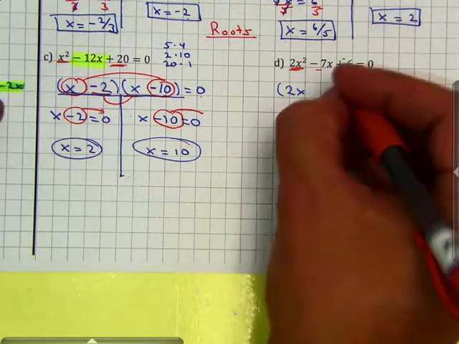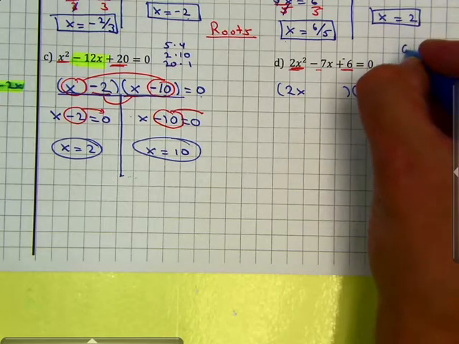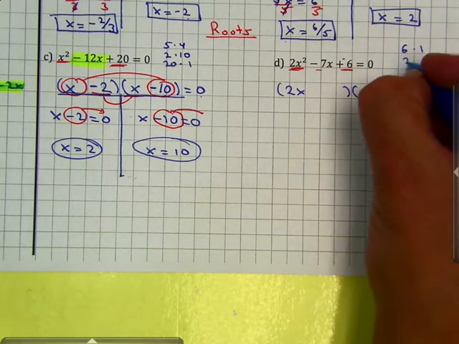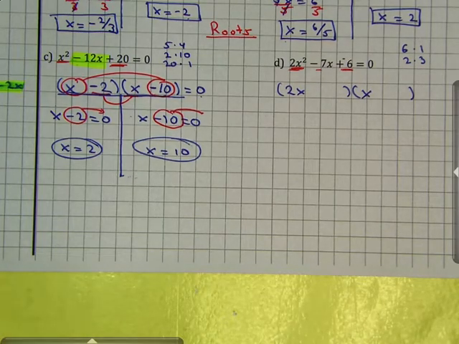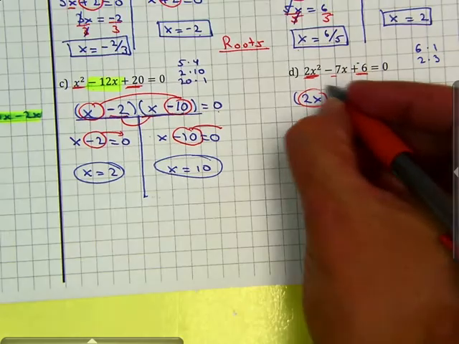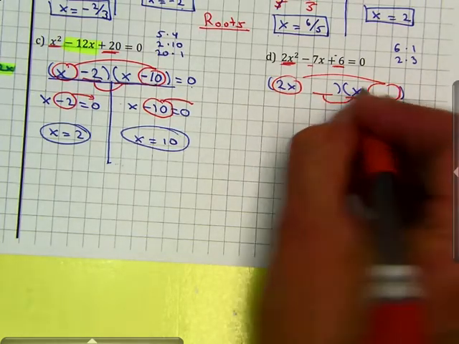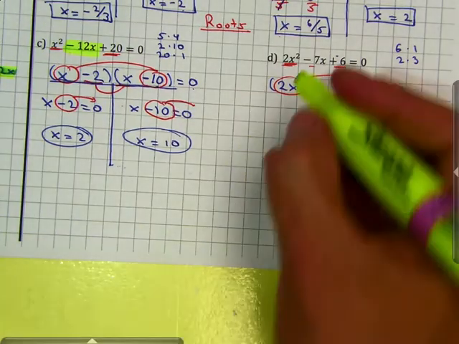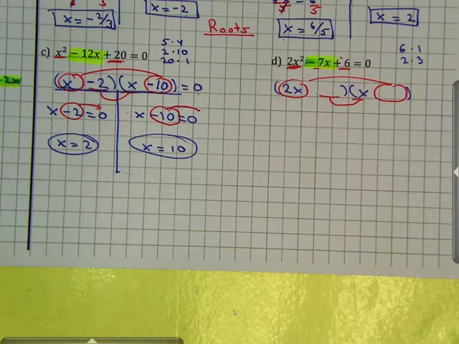What are the factors of positive 6? So I can use 6 times 1 or 2 times 3. Remember that only one combination will work. When you multiply your outside numbers and your inside numbers, they need to add up to a negative 7x. So which ones do you guys get?